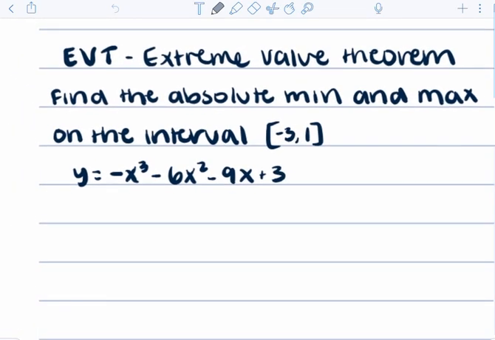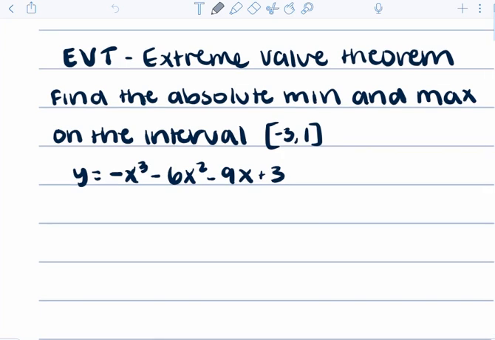So for the first question, it says find the absolute min and max on the interval -3, 1, and it gives us this function right here. So the first thing that we want to check is to make sure that there is no break or any discontinuity in the equation itself.